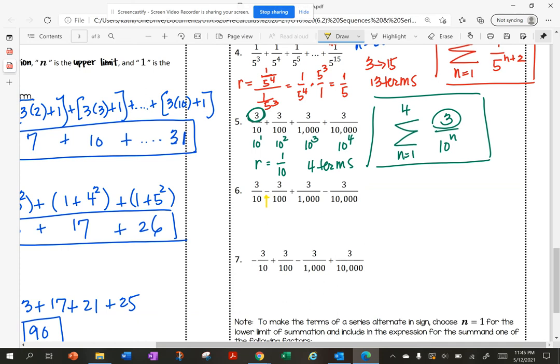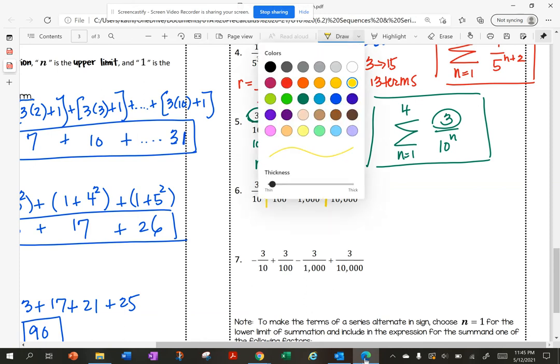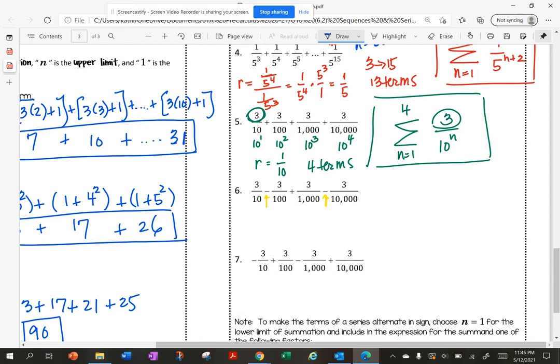But my second term and my fourth term are negative instead of positive. So my even terms are negative.